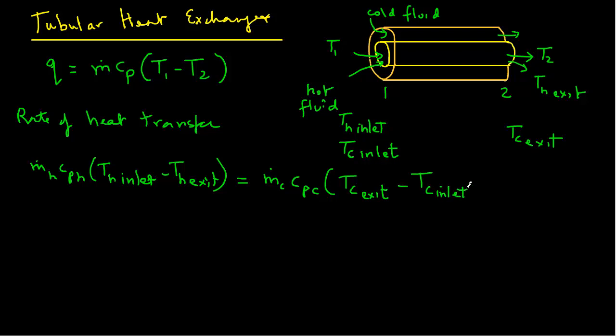And the mass flow rates m dot h and m dot c are in kilograms per second. M dot h is for hot fluid, m dot c is for cold fluid.